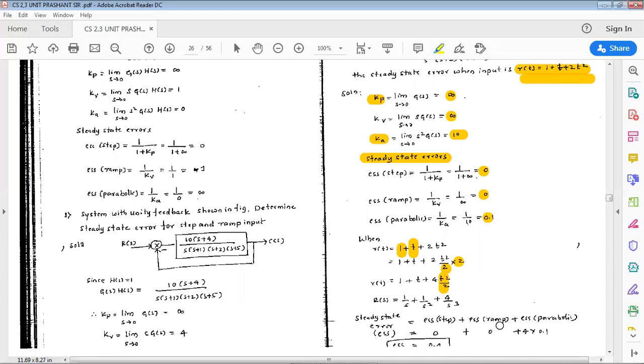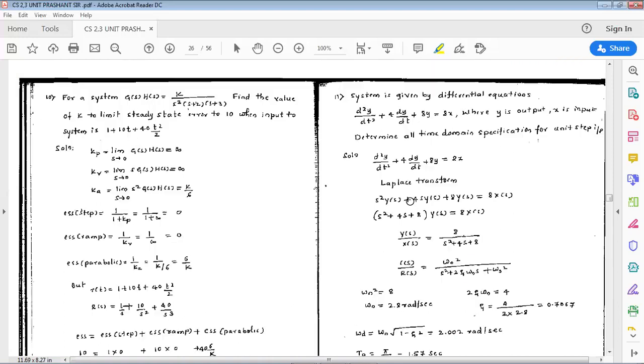Plus steady state error due to ramp is what here? 0. Plus steady state error due to parabolic is what? 0.1, 0.1 into 4. Why? Because 4 is here. So that results in 0 plus 0 plus 0.4. So the total steady state error due to this particular given input is 0.4. This is how the solution goes, right?